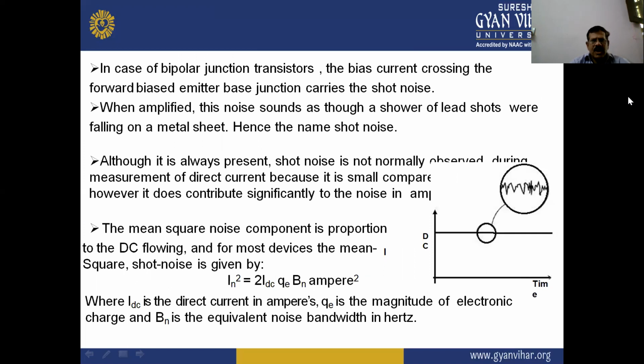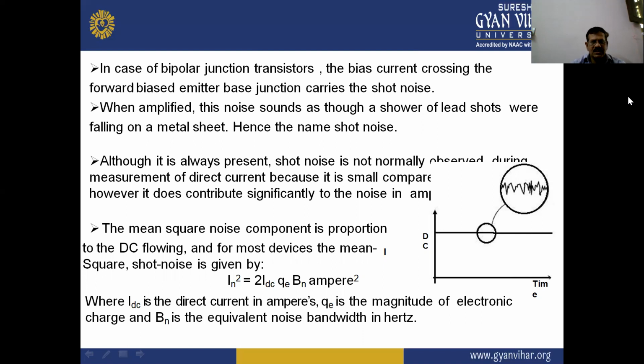In the case of a bipolar junction transistor or BJT, the bias current crossing the forward-biased emitter-base junction carries the shot noise. When amplified, this noise sounds as though a shower of lead shot were falling on a metal sheet, hence the name shot noise.